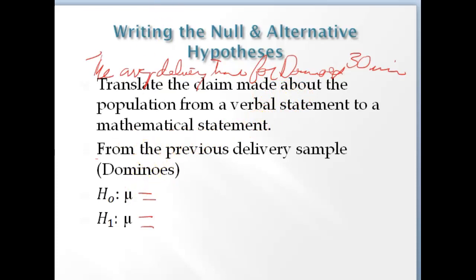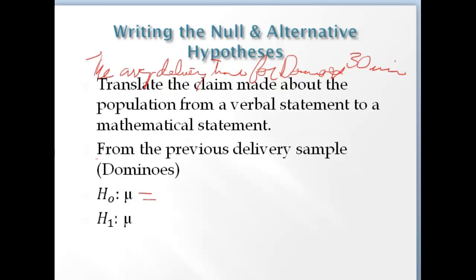Now, remember that the null hypothesis has to contain an equality.